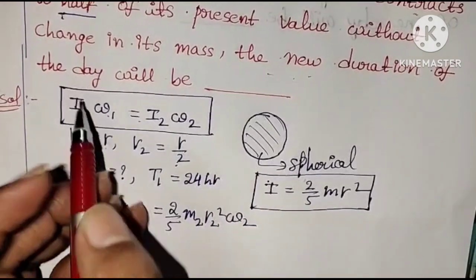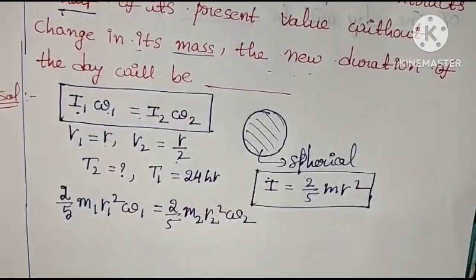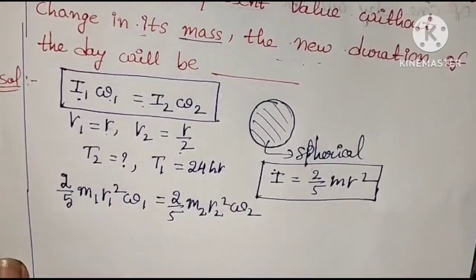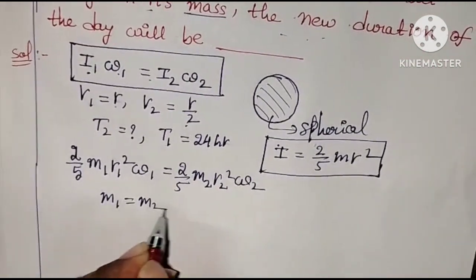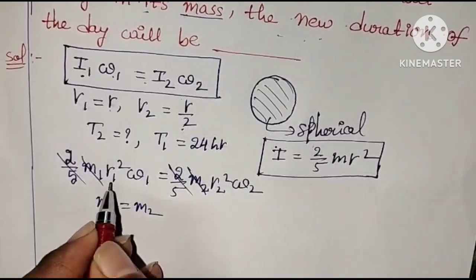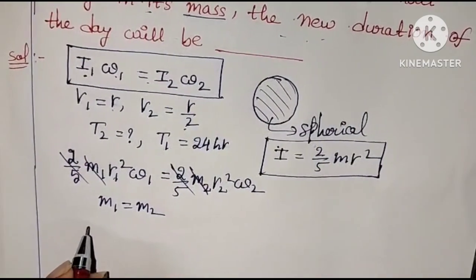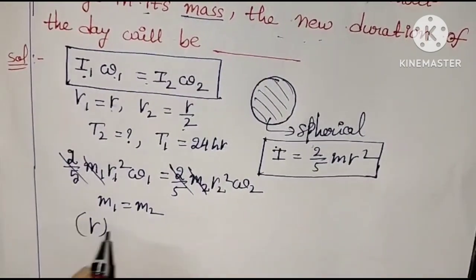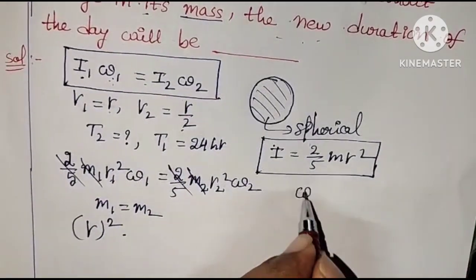In this question it is given that there is no change in its mass, so mass is constant and m1 is equal to m2. Cancel out m1, m2 and 2 by 5. Then r1 square, where r1 is equal to r, the initial radius of the earth, square into omega 1.